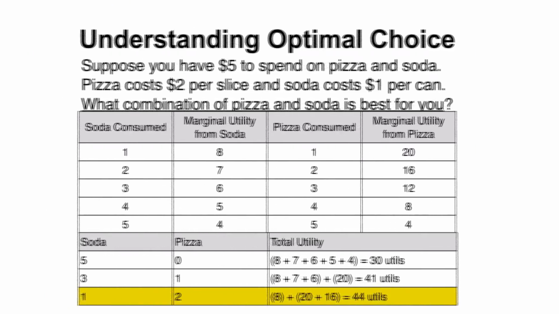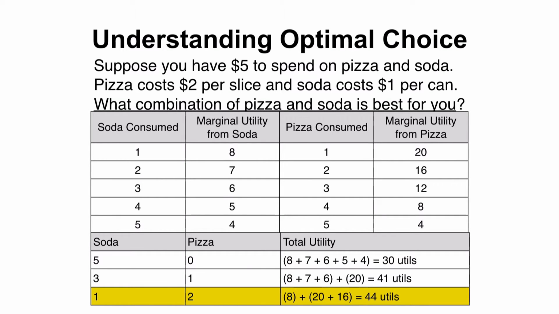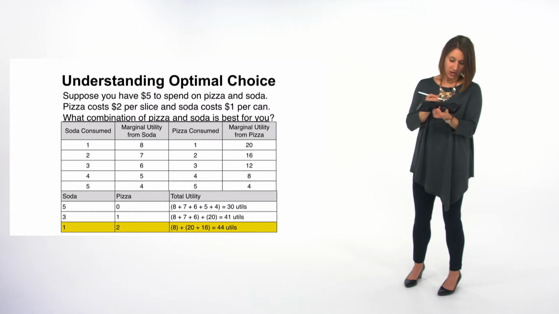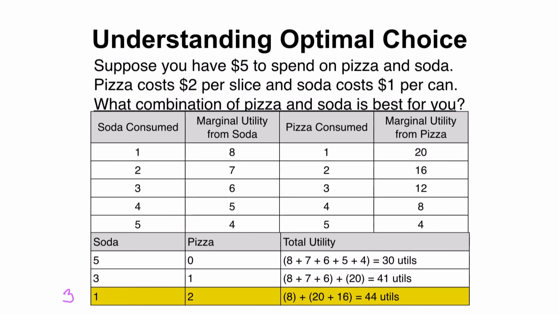All right, one last choice. So now we're splitting our budget and saying that we're going to spend $4 on pizza and $1 on soda, still keeping with that $5 budget. Okay, so with our third option, we can consume 1 can of soda and 2 pizzas. So what is our total utility? Well, from that 1 can of soda, we gain 8 units of utility. And from the 2 slices of pizza, we gain from the first slice 20 utiles, from the second slice 16 utiles.